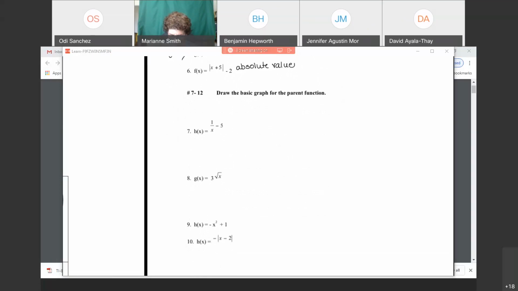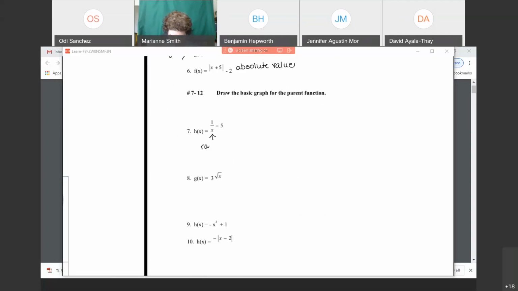Now what they're talking about is look at the actual symbolic rule for this. Here I have my x in a denominator. So what kind of function do you think number 7 is? Anybody have any ideas?